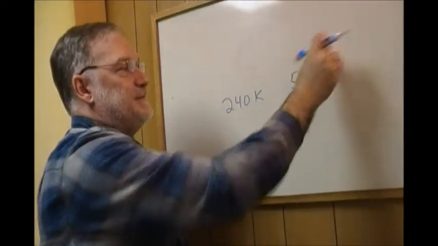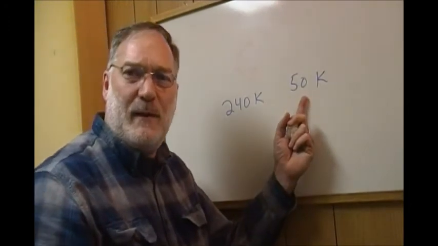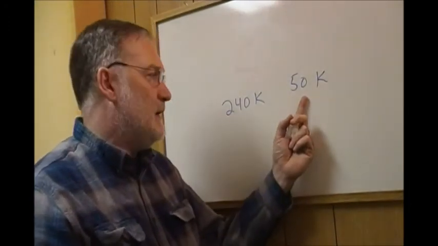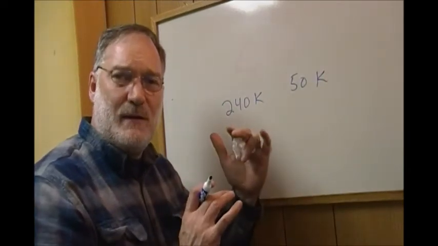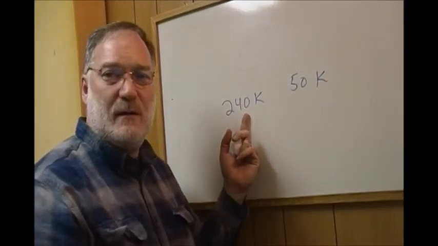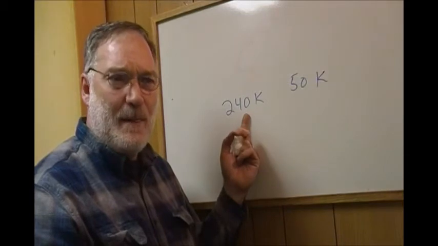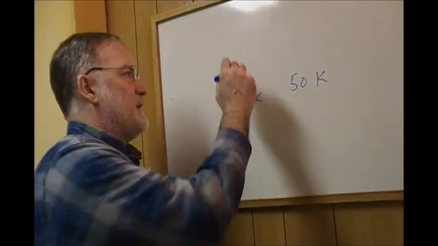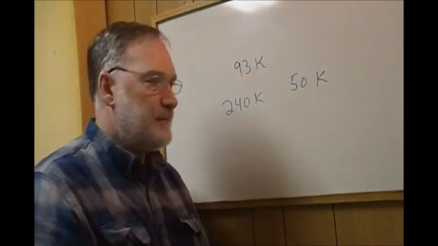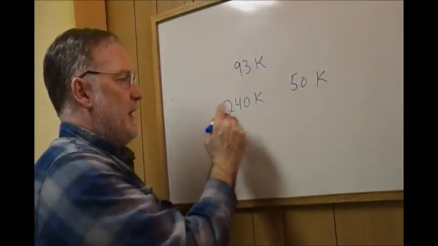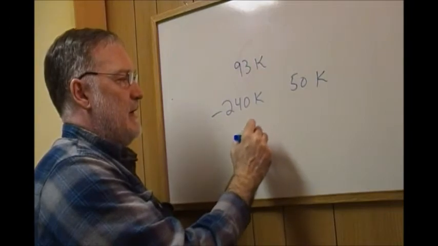Okay? So the correct point-by-point black body is 50 Kelvin. With the amount of atmosphere that Titan has and the pressure of that atmosphere on the surface, we'd expect it to be about 240 Kelvin. But the average surface temperature on Titan is only about 93 Kelvin. So instead of being 240 Kelvin, it's only about 93 Kelvin.